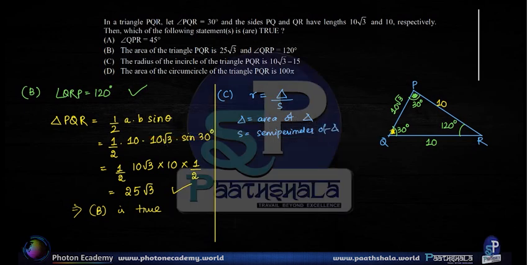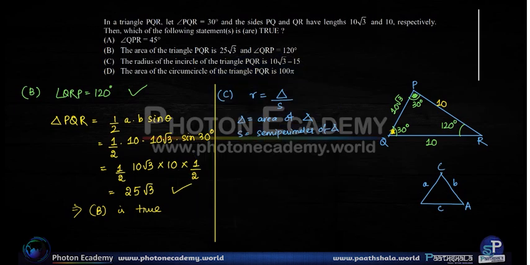Here we have, if you have a triangle ABC with sides as A, B, C, we have semi-perimeter as A plus B plus C by 2. We'll write this in the formula section.